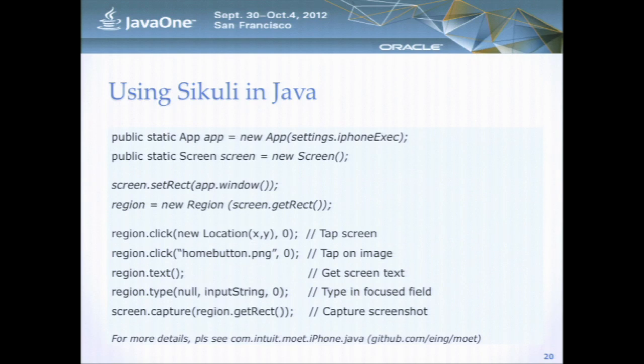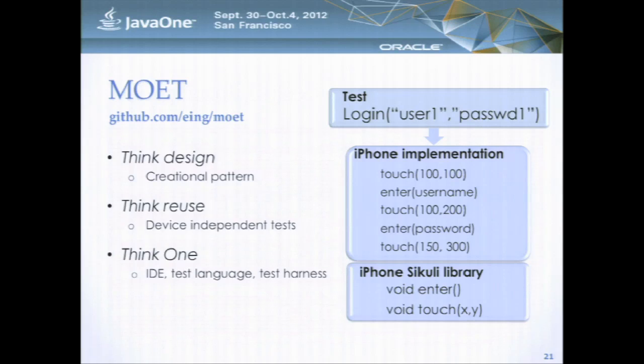The next tool I want to take a look at is Mouette. What is Mouette? I like to see it as a design pattern. Most people just jump in and design. But when we think about mobile app tests, we have a suite of tests that runs the same way on different applications, because your application is exactly the same or mostly the same on different platforms.